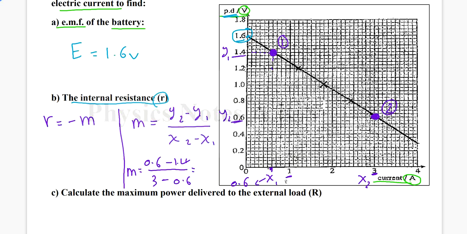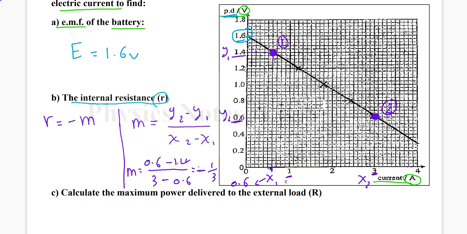I use my calculator here. 0.6 minus 1.4 over 3 minus 0.6 is going to be minus 1 over 3. This is the gradient. And yes, I will have a negative value. Why negative? Because they are inversely proportional. As you can see, the line shows that they are inversely proportional.